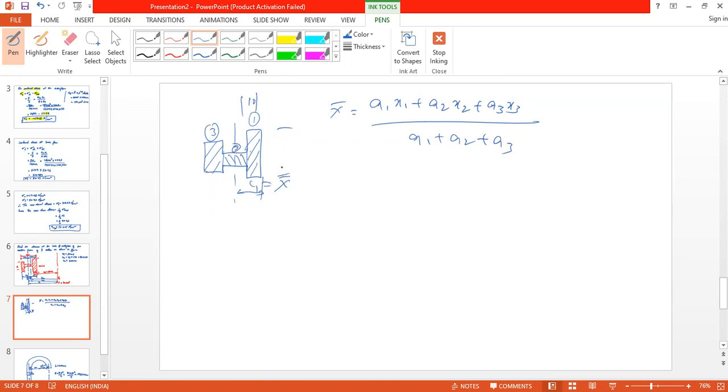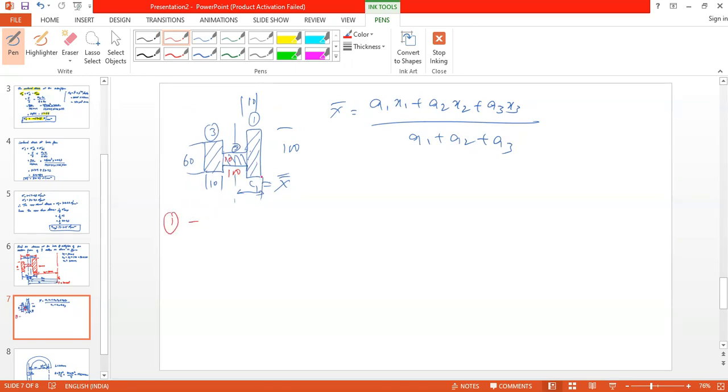The thickness is 10 mm and the height is 100, and here the height is 60 and the thickness is again 10, and this is also 10. The total length is 120.